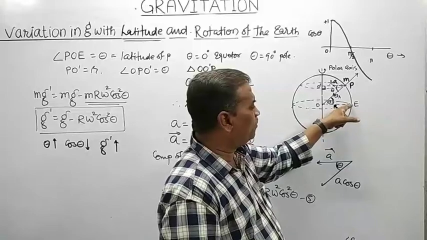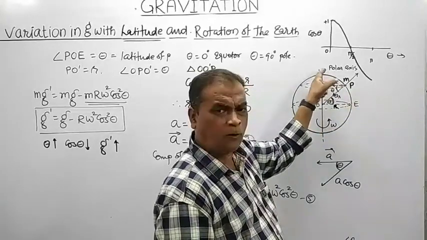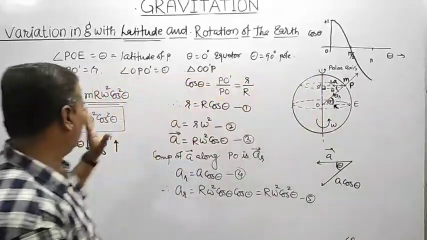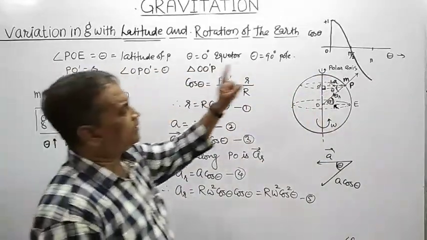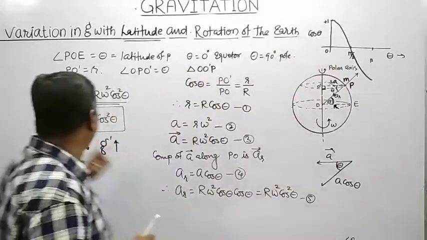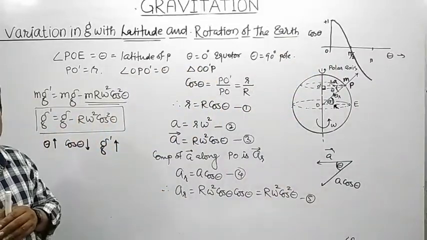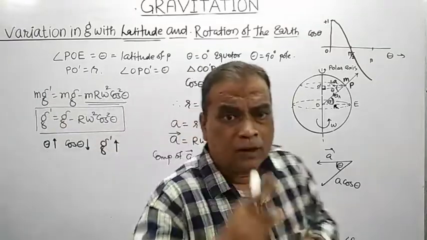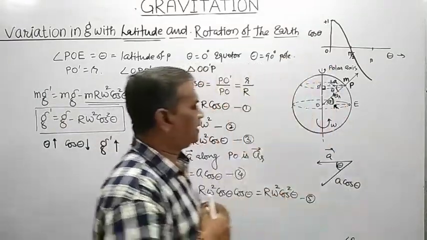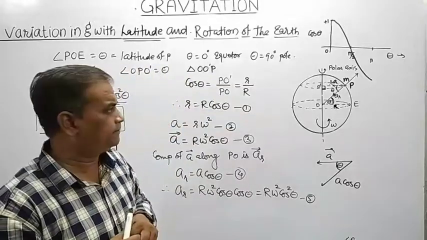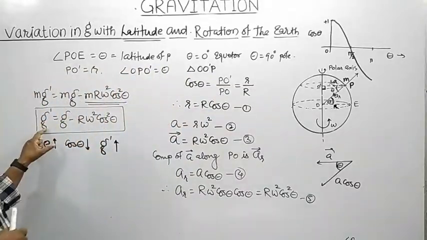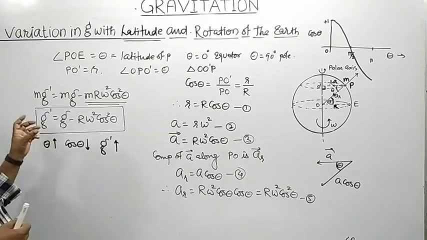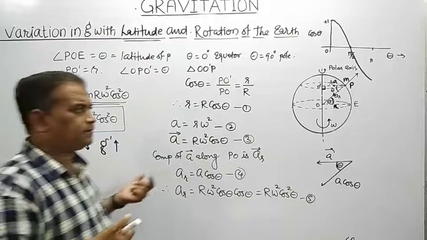As a particle moves from the equator towards the pole, theta goes on increasing, and when the particle reaches the pole, theta becomes 90 and cos 90 becomes equal to 0, and g dash becomes equal to g. So that's why we always say that acceleration due to gravity at the pole should be maximum and it should be minimum at the equator.